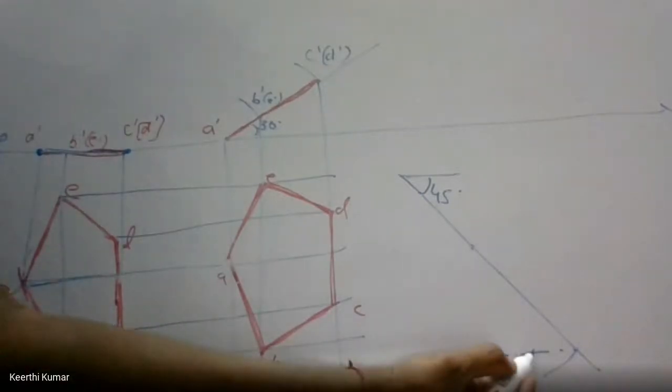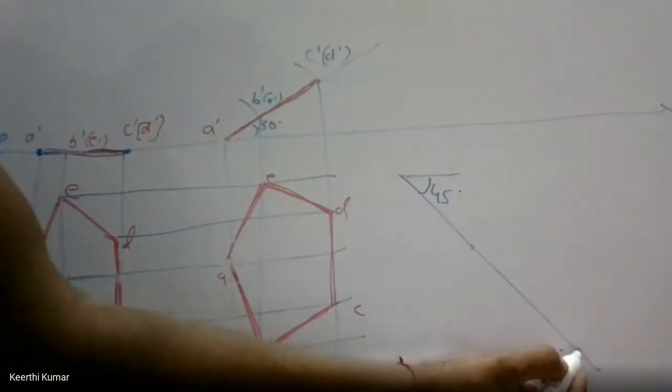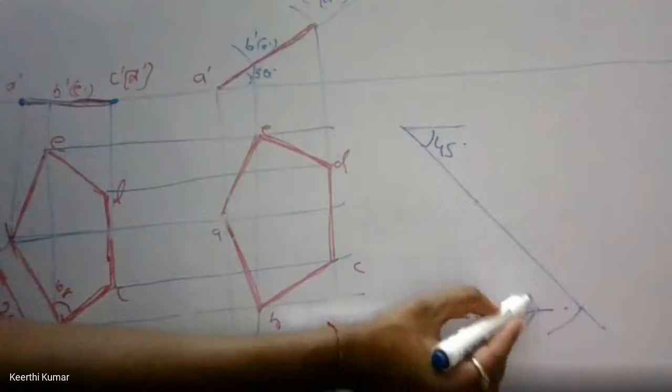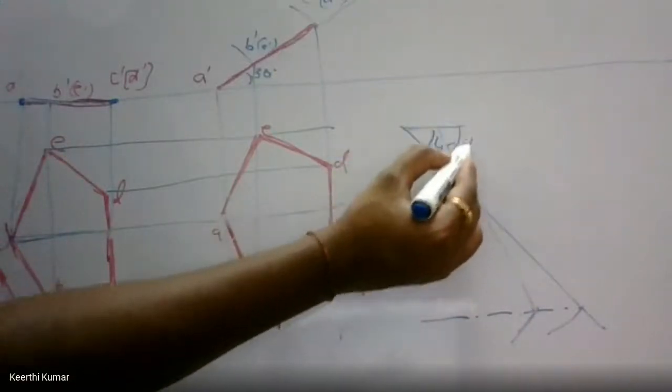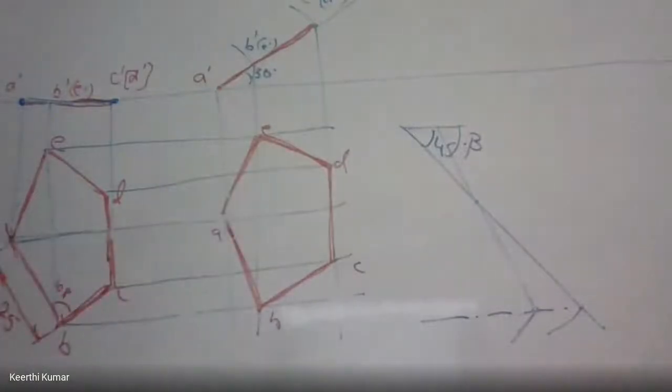You concentrate on the intersection point which is nearer to the first intersection. Join from here to here, arc to the point, and then extend. This line or angle is called beta. You write that down as beta and you have to find out what the value of the beta is.